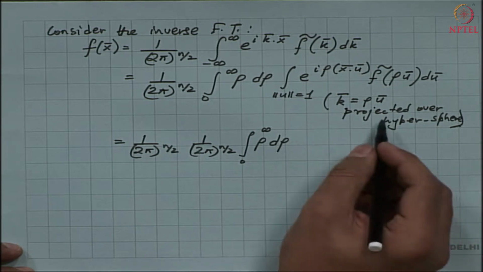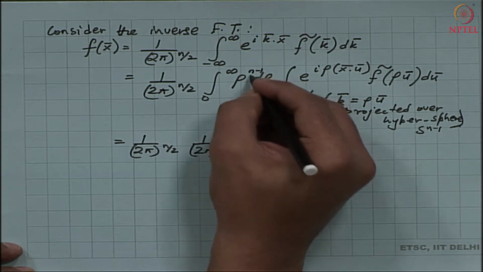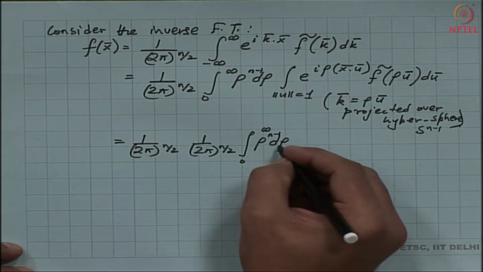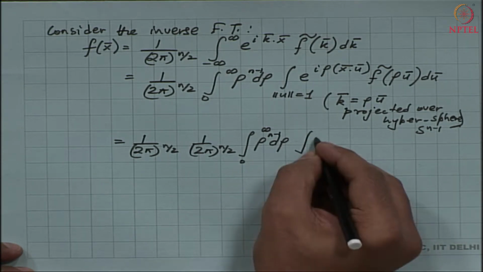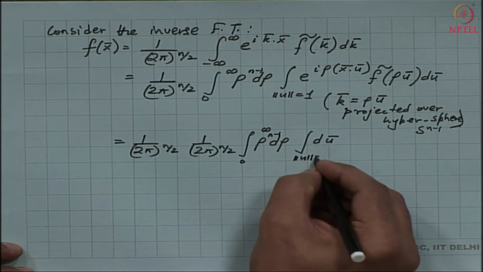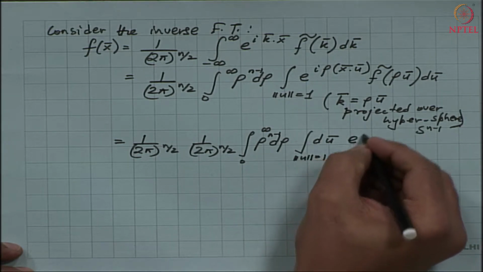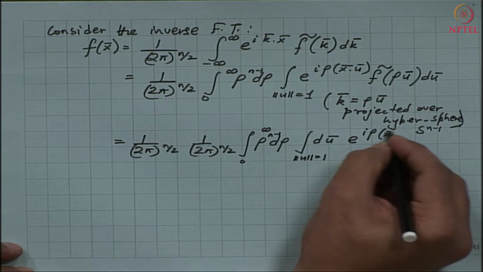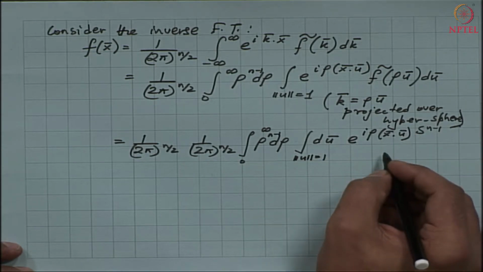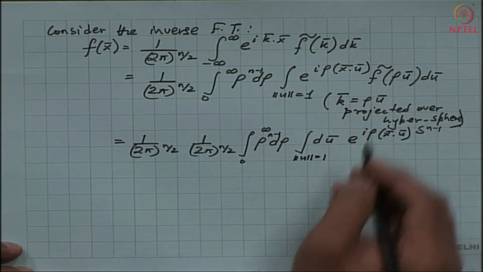Well, this is over the hypersphere S n minus 1, so I must have rho to the power n minus 1 d rho, integral du bar, where I am integrating over all direction cosines here, e to the power i rho x dot u. So, that is my kernel. Notice that now I am going to change my Fourier transform with the Radon transform.